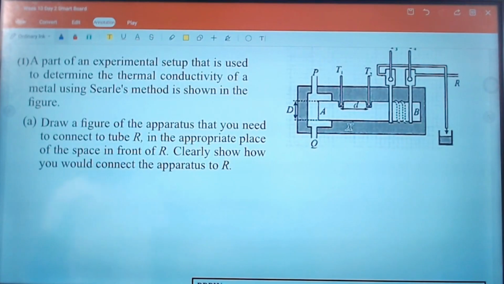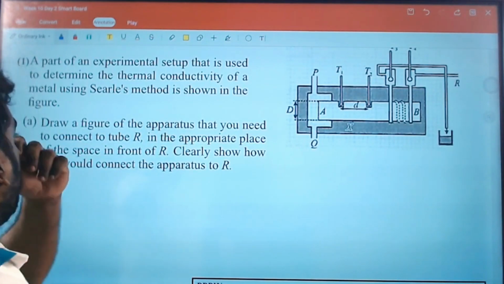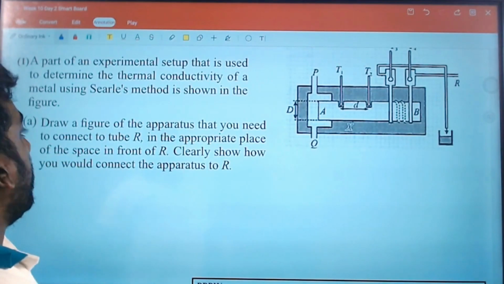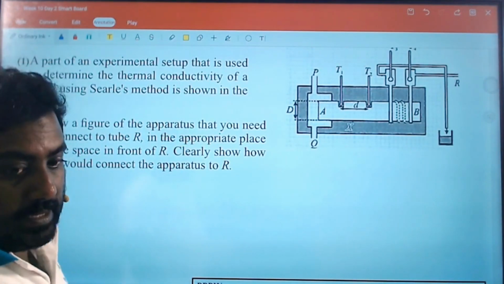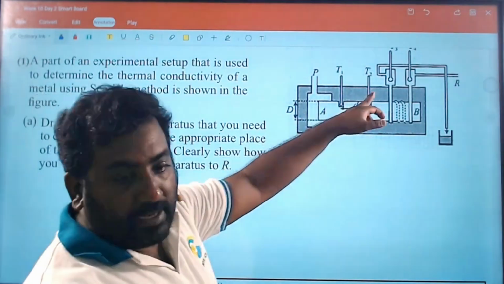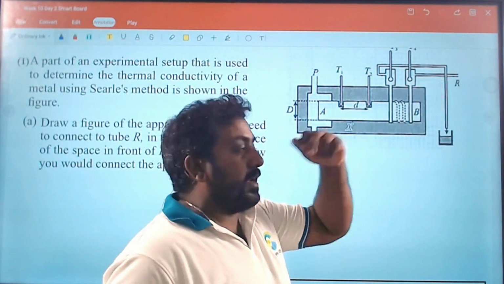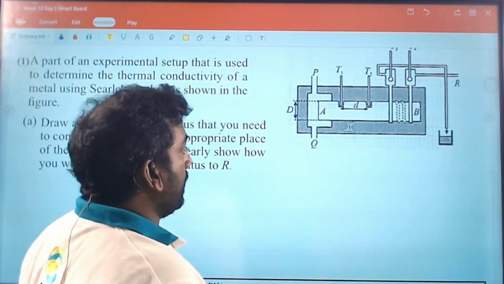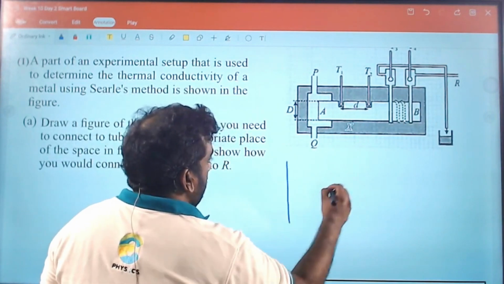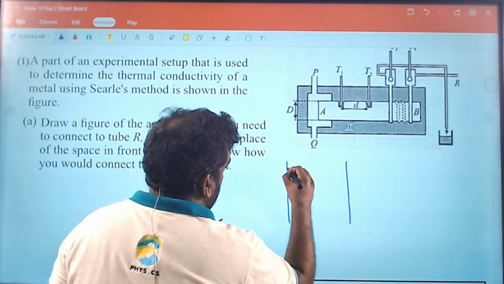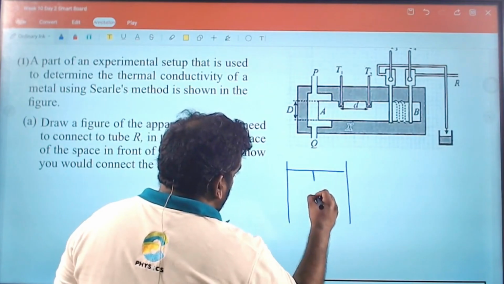Part of an experiment setup that is used to determine the thermal conductivity of metal is Searle's apparatus as shown. Draw the figure of the apparatus that you need to connect to tube R. So to connect here, what do you need? You need a constant volume device.